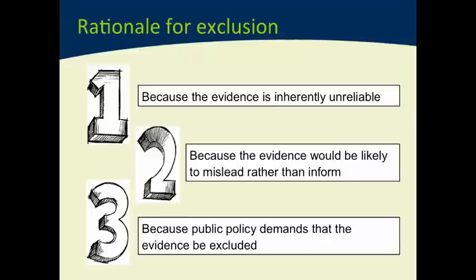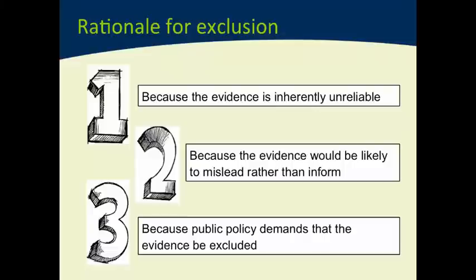Evidence of somebody's criminal past might well have some passing relevance to the likelihood that they've committed the crime that they're accused of now, but it's actually much more likely to be prejudicial than probative, because it will make a jury or a judge think, well, they've done crime in the past, they've probably done it again. And in fact, there's no logic in that. There's no logic that says that somebody who's committed a crime in the past is necessarily going to have committed a crime in the present.